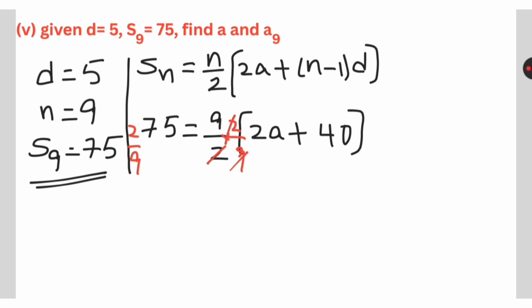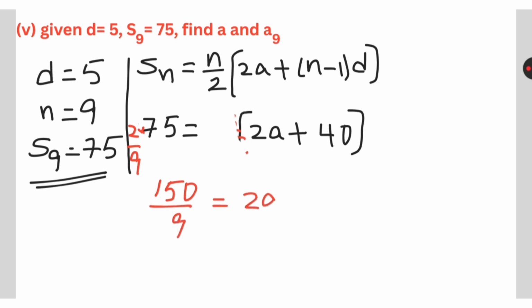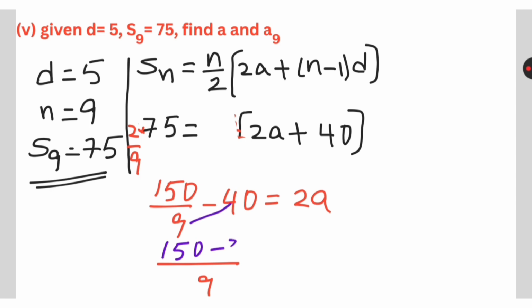Here 2 gets cancelled, 9 gets cancelled, and here the numerator is 75 times 2. 75 doubled is 150. So 150 divided by 9 is equal to 2a plus 40. Now this plus 40 sent to the left-hand side becomes minus 40. So that is the 2a. Now take LCM. So here 150 minus 9 times 40 which is 360. 150 minus 360 gives minus 210.